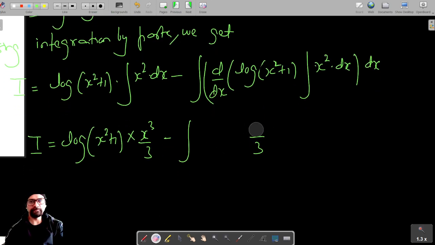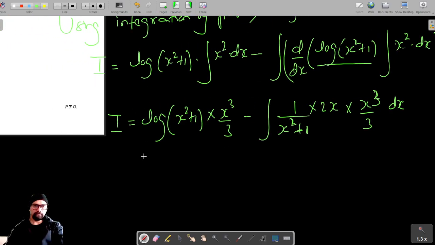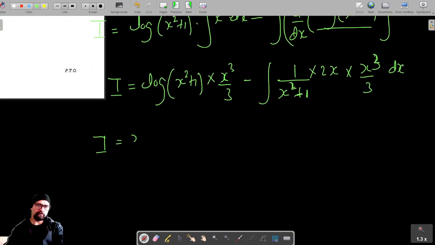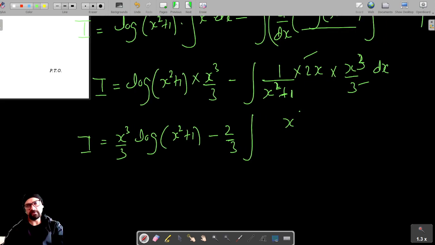The differentiation of log of x squared plus 1 is 1 upon x squared plus 1, and that is into the integration of x squared, which is x cubed by 3, into dx. So I is equal to x cubed by 3 into log of x squared plus 1, and the 2 and 3 are constants, so taking them out, minus 2 by 3, and we are left with the integration of x raised to power 4 upon x squared plus 1 into dx.